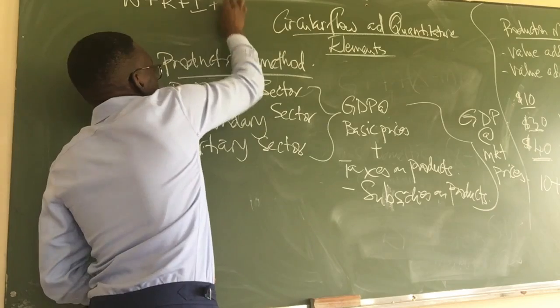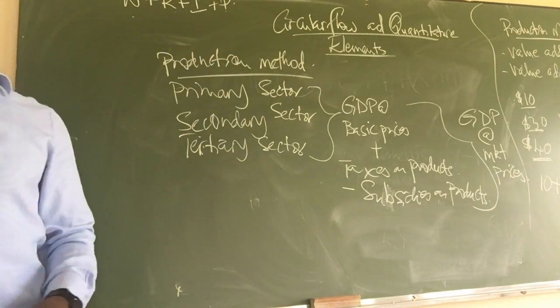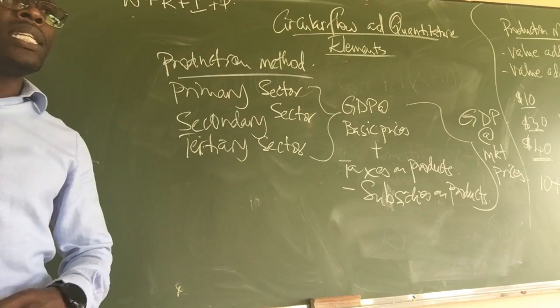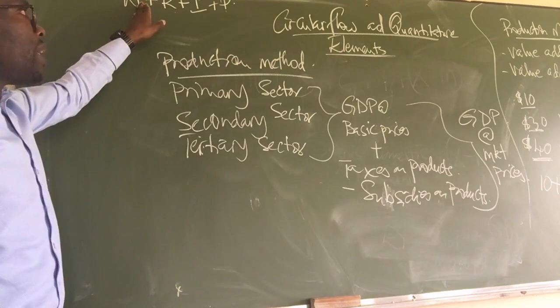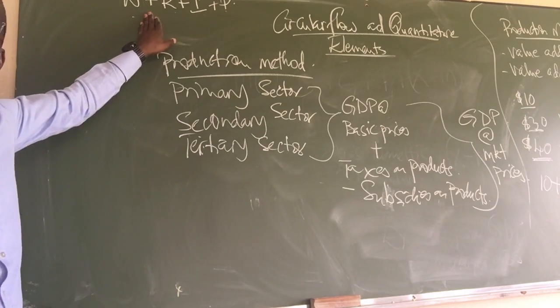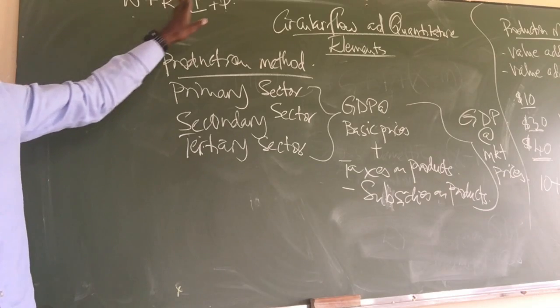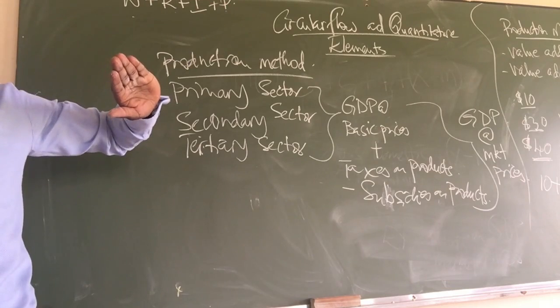Are we together? Right. So these 4 are all earned by households, because households, remember in our circular flow, we said they are the owners of the factors of production. Salaries and wages we call compensation paid to employees. A salary or a wage is a compensation that is paid to an employee.